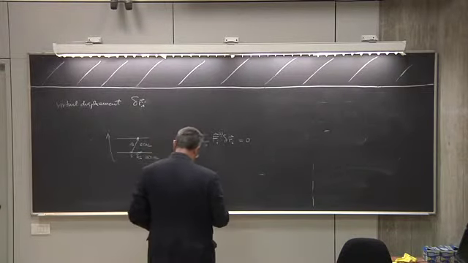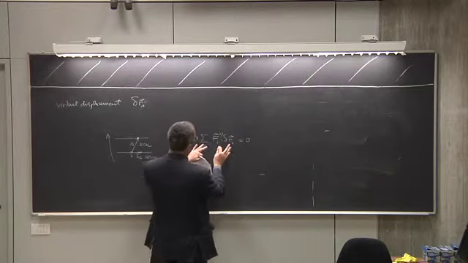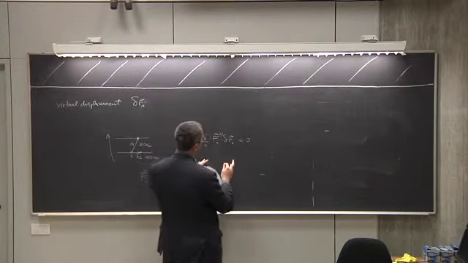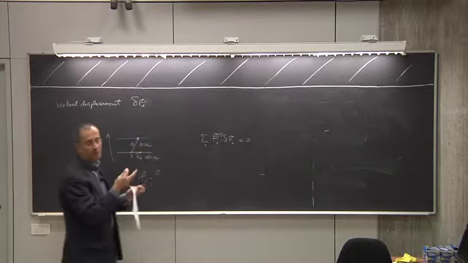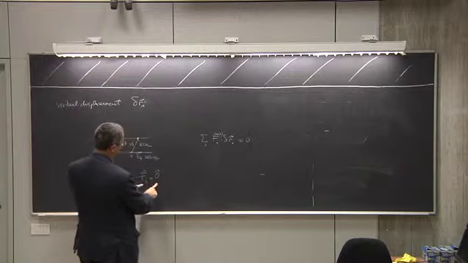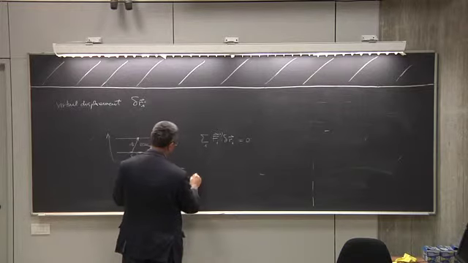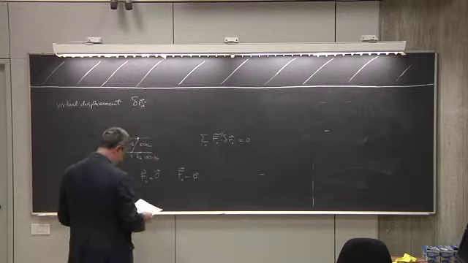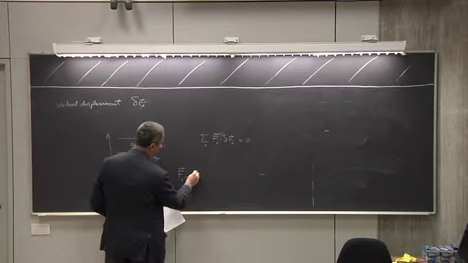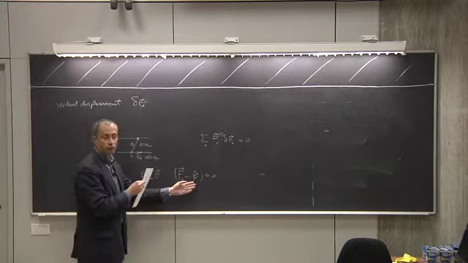And now, this was a static situation. How can I turn this equation into a dynamical equation? Well, I started from this, the static equilibrium situation, but you know that I can write this as this. This is true because of Newton's law.